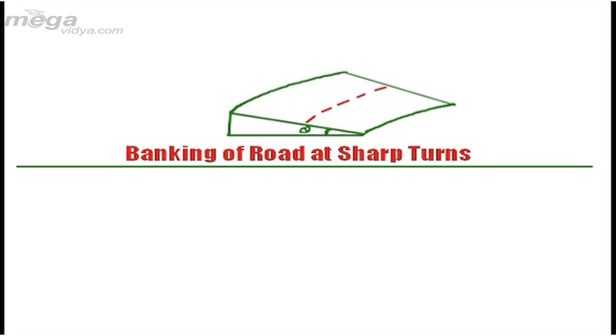For safe turning, as we know, a bike can be leaned from the vertical for turning purposes. But if we talk about four-wheelers like a car or truck, then they cannot lean to one side because they run on four wheels.